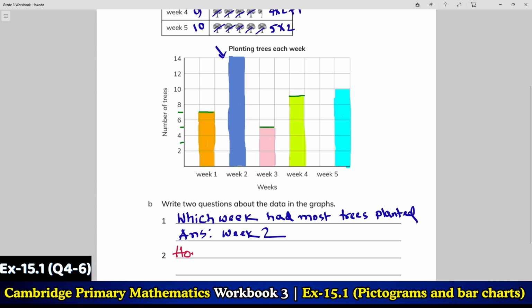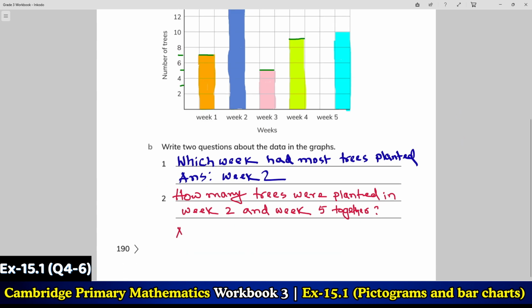So how many trees were planted in week 2 and week 5 together?